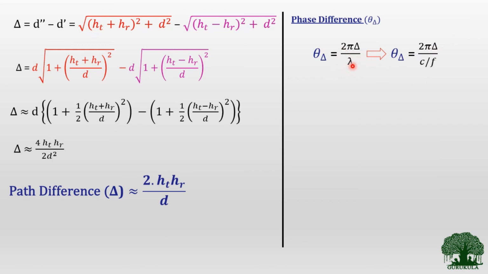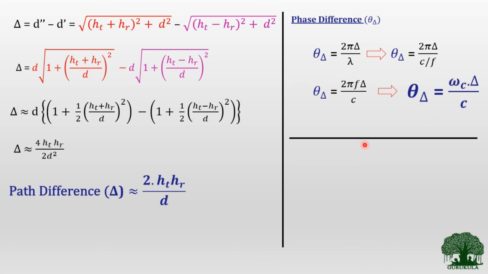So lambda is represented in terms of c by f as well, and the final equation we can take as 2 pi f delta divided by c, and the final equation for theta delta will be represented by omega c times delta divided by c, where 2 pi f is represented as omega c. So that's the equation for phase difference.